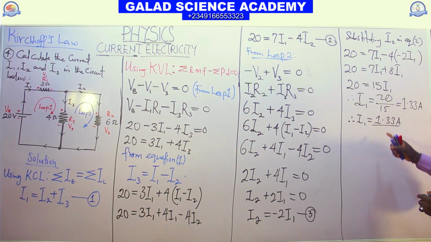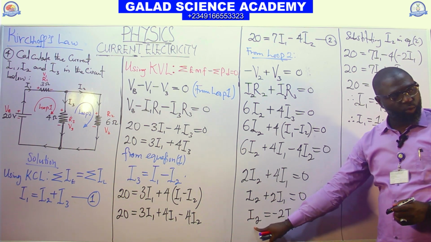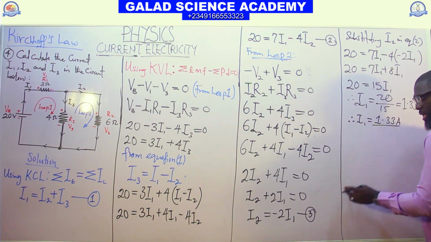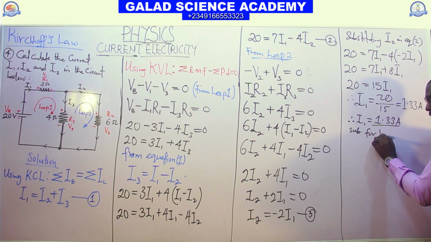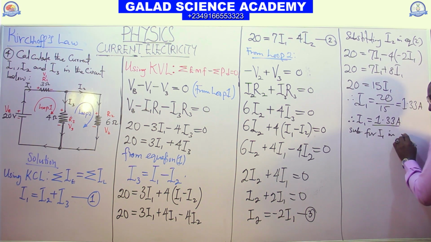So if I1 is 1.33 ampere, let's substitute for I1 in I2 equal to minus 2I1.